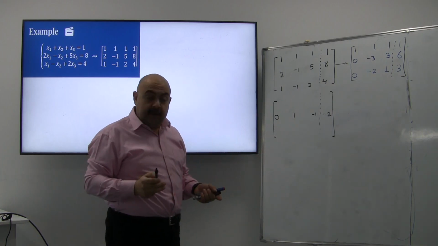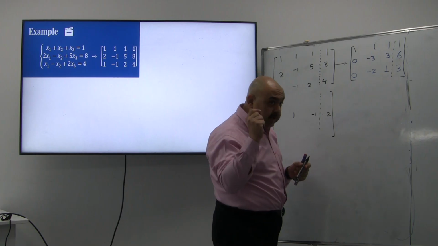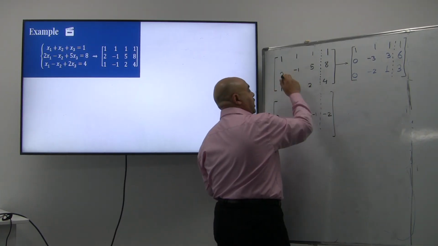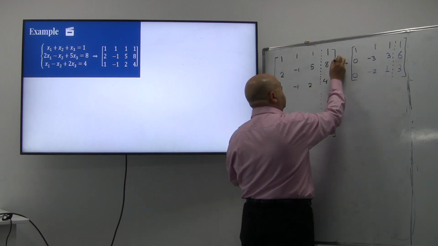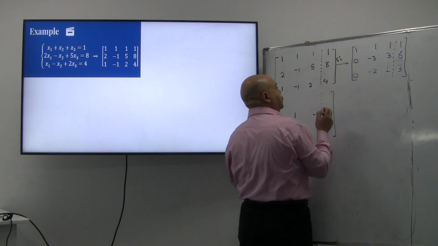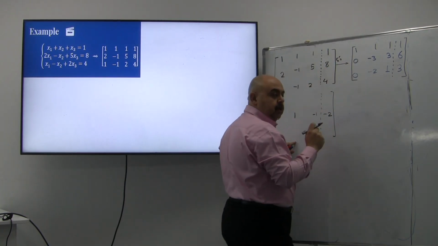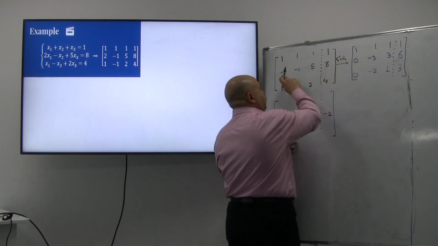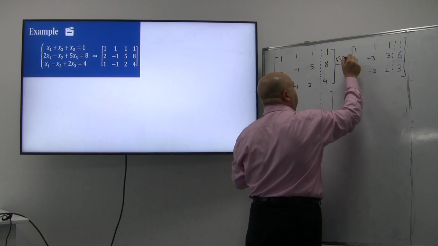Before going to the second step, I want you to start writing what we did. This is the first matrix. How do we get R dash? It's R2, the new one, which equals R2 added to negative 2 of R1.